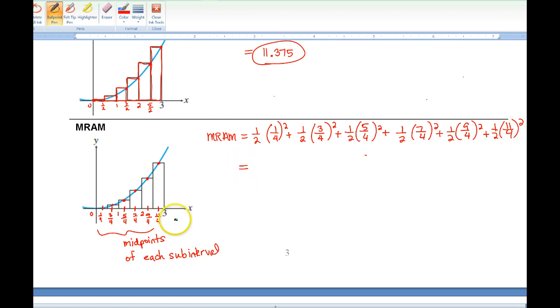Go ahead and take a minute to plug that into your calculator. We should get 8.9375.